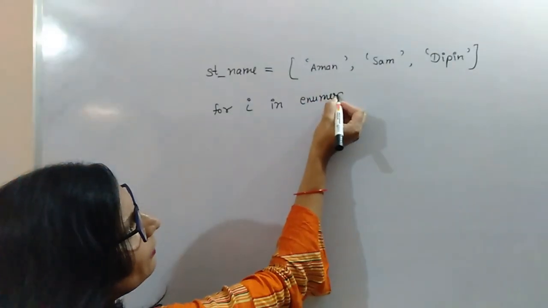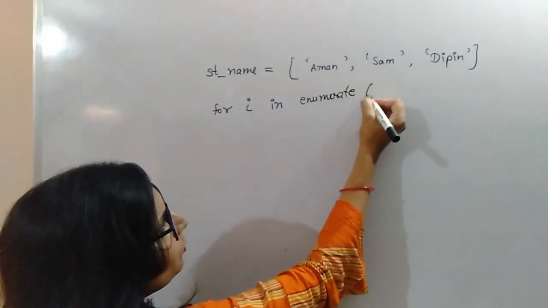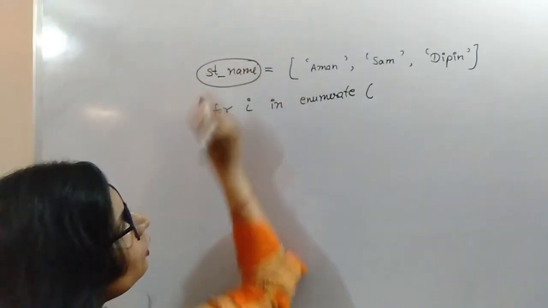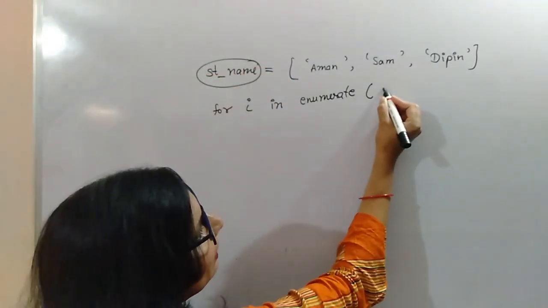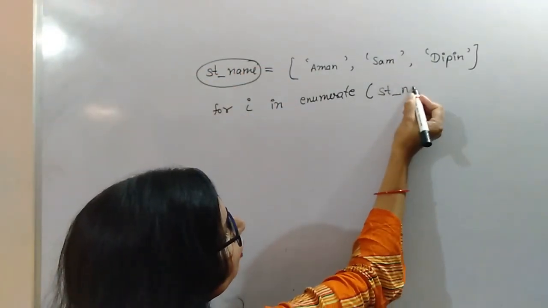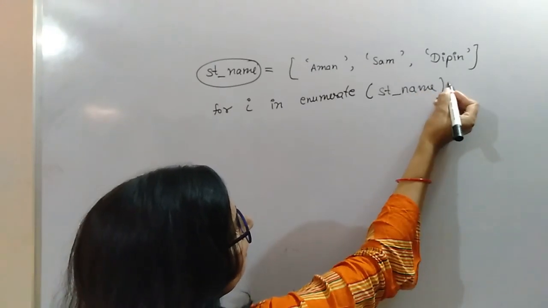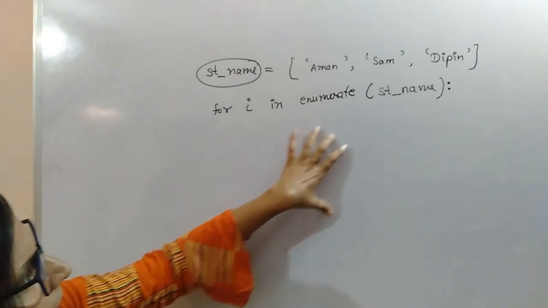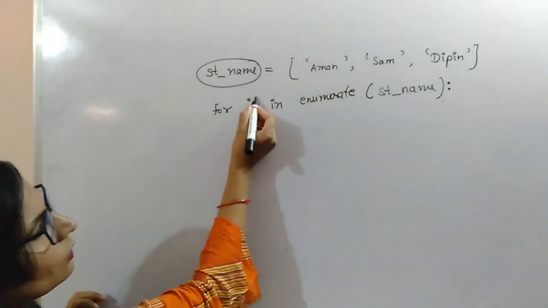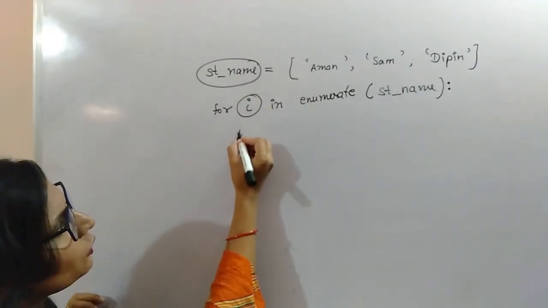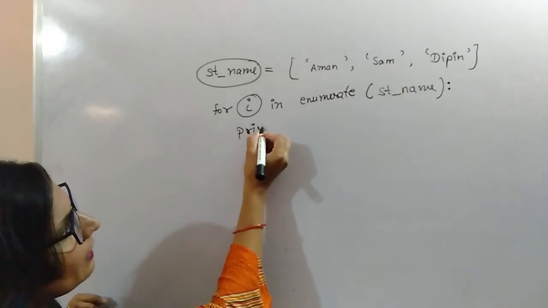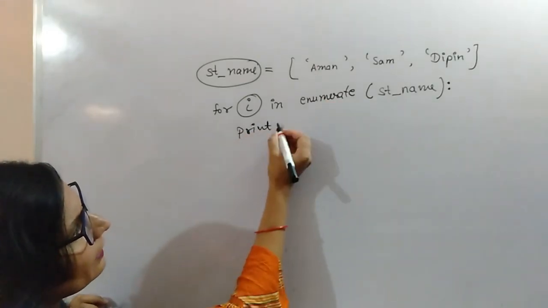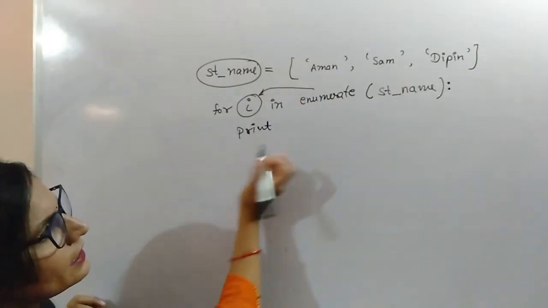Enumerate, and where do you want to apply it? I want to apply this to this particular list, which is st_name, and then a colon. So each thing which is enumerated goes into this space. I want to print the output of this enumerate, which is in i.